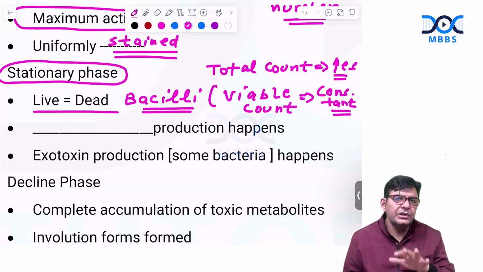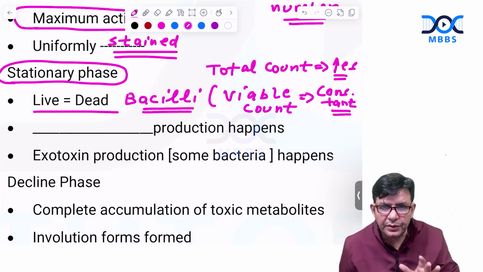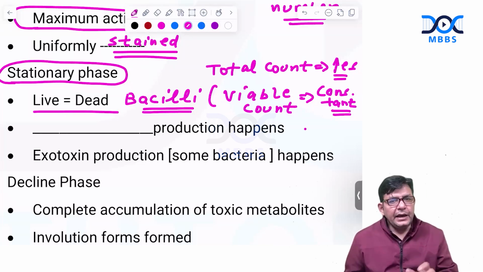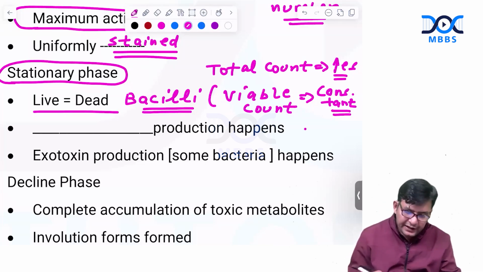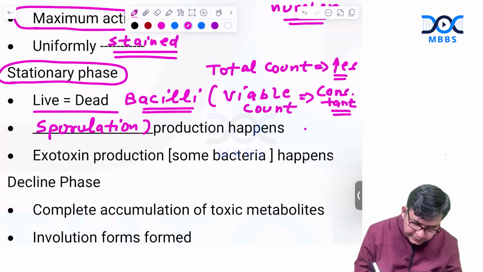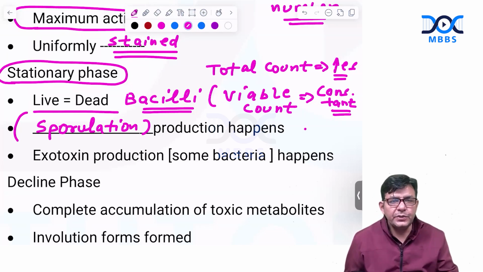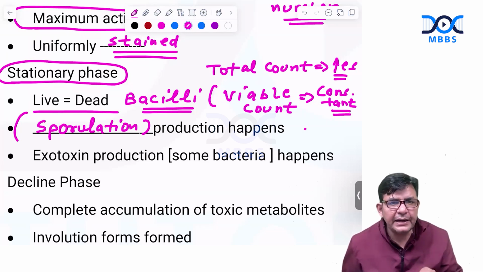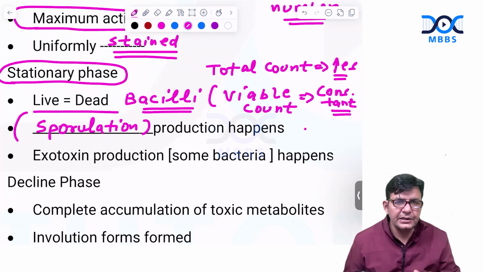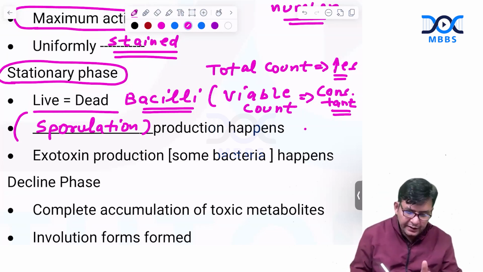The total count increases, but the viable count remains constant. This is the phase, the stationary phase, in which S for S happens, that is known as sporulation. A frequently asked NEET PG question is: sporulation of the bacteria happens in which phase? The answer is the stationary phase. Remember S for S.